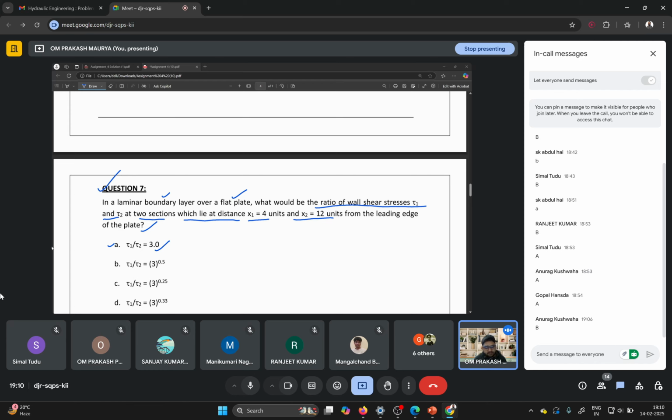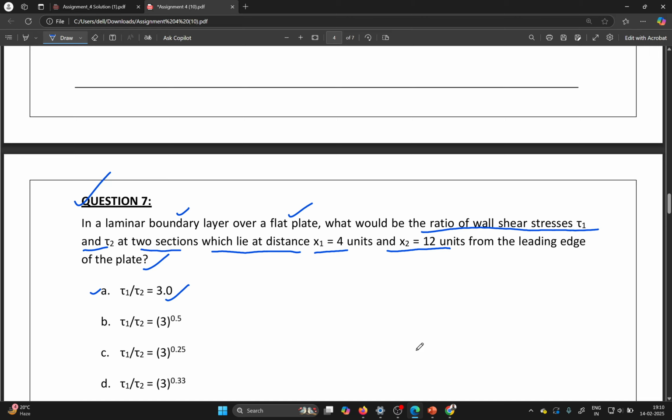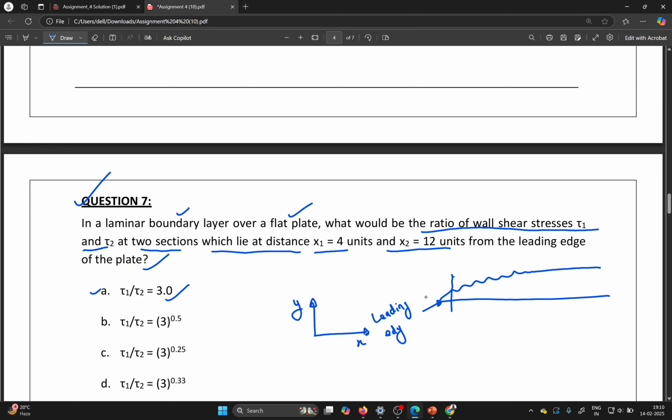So let me calculate. In laminar boundary layer, you know already the distance of the laminar boundary layer is very small, after that is transition, then turbulent. So in laminar, this is your leading edge. Let us assume this is the x direction and this is the y direction.